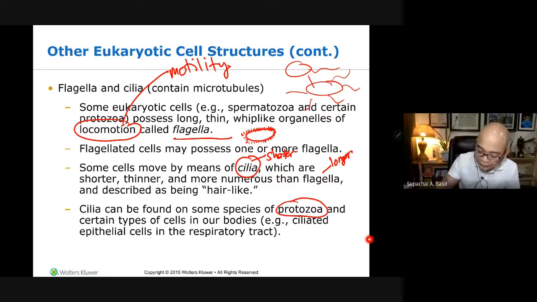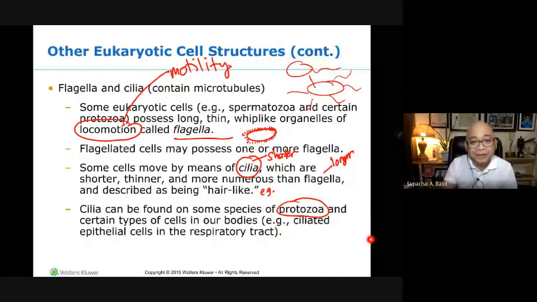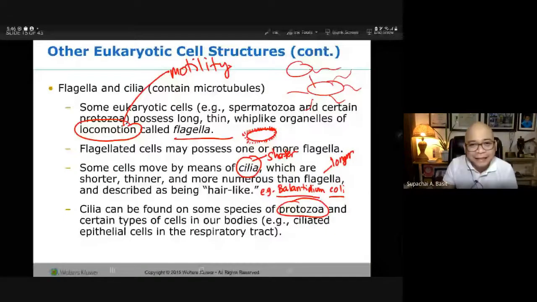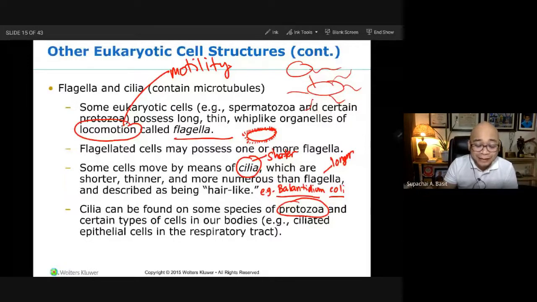So an example of protozoan with cilia is called Balantidium coli. So Balantidium coli is the largest intestinal protozoan that can parasitize humans.